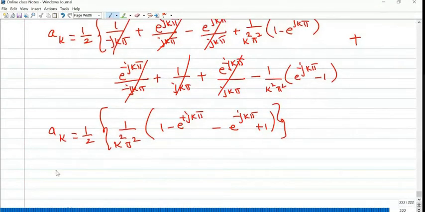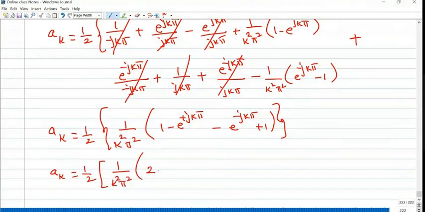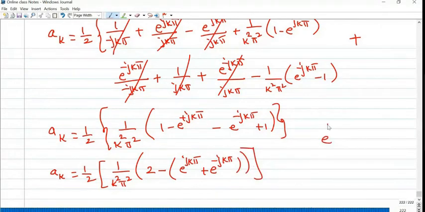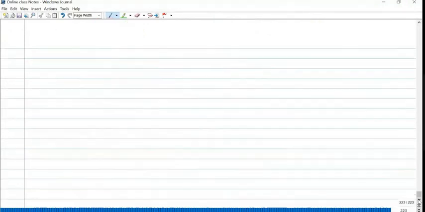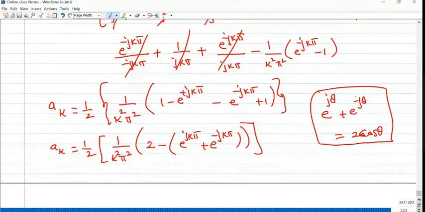So the value for ak is 1 by 2, 1 divided by k square pi square, so 1 plus 1, 2. I'm taking minus outside: e power jk pi plus e power minus jk pi. What is the formula? E power j theta plus e power minus j theta equals 2 cos theta. So e power jk pi plus e power minus jk pi is replaced by 2 cos k pi.